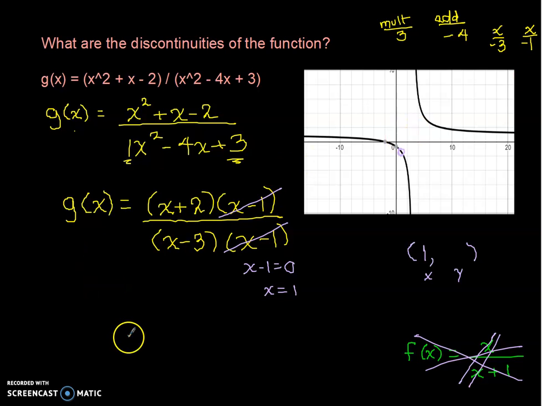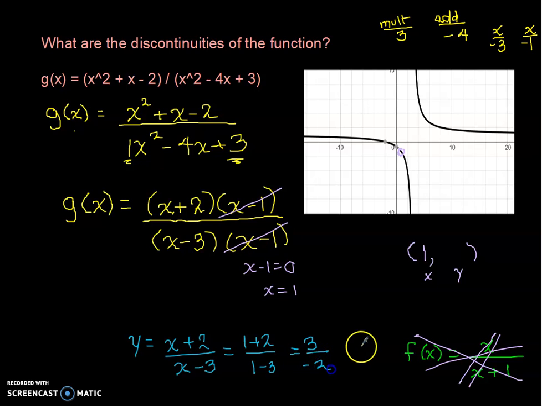So g of x, remember, is just another way to say y equals x plus 2 over x minus 3. We know that x is 1. The x value of the hole is at 1, so 1 plus 2 over 1 minus 3 will give me 3 over -2, which is just -3/2. So this is where the discontinuity is.